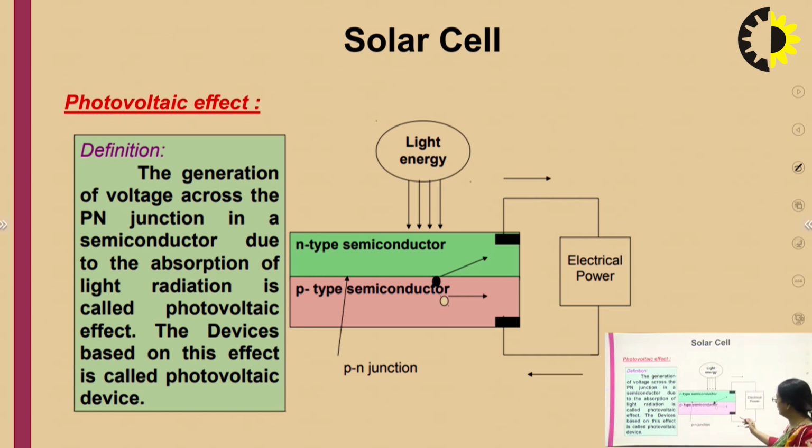So electricity is generated with the flow of the electrons and the holes, and we can define the photovoltaic effect as the generation of voltage in the p-n junction in a semiconductor due to the absorption of light radiation, right? So the device based on this effect is called the photovoltaic device.